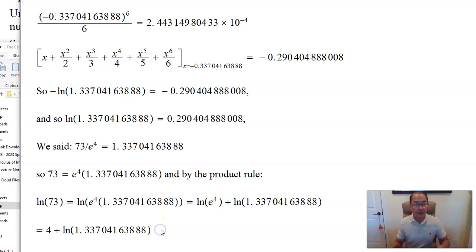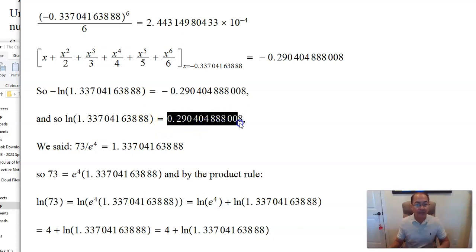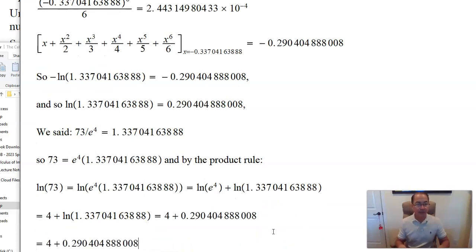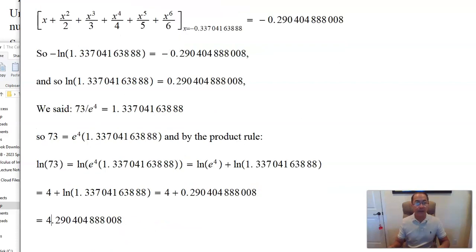So we want 4 plus this much, or simply 4.29, and so on. Okay, so we get our final answer, 4.29, and so on.